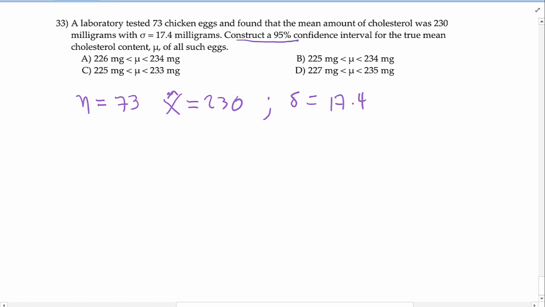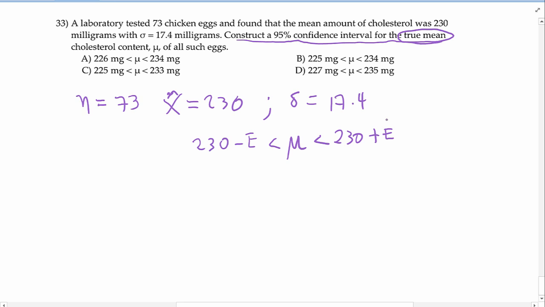And we want to construct a 90% confidence interval to estimate the true mean of the population. So the true mean of the population is estimated from the sample mean 230 minus the error and the sample mean plus the error.